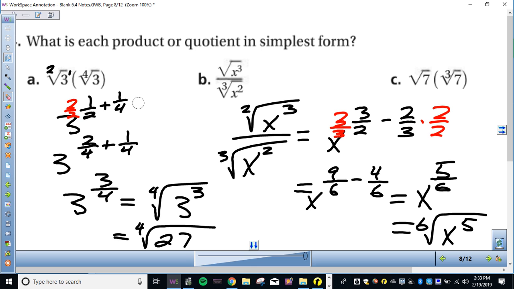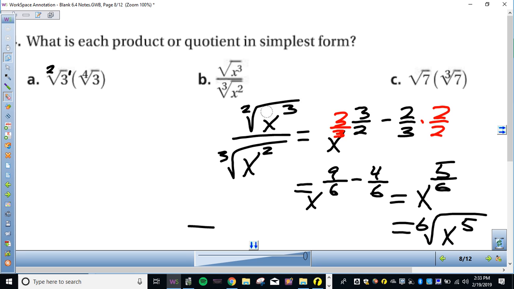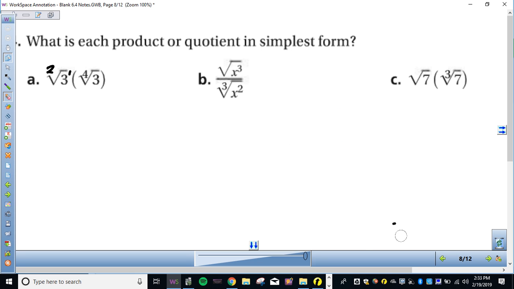Okay, we're going to do A and B on this page. Okay, write down A and B. So it's 1/2 plus what?